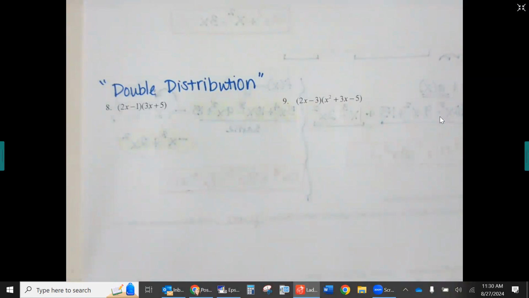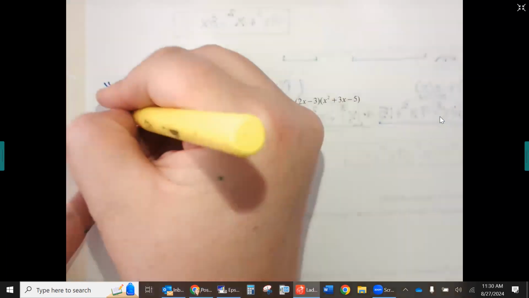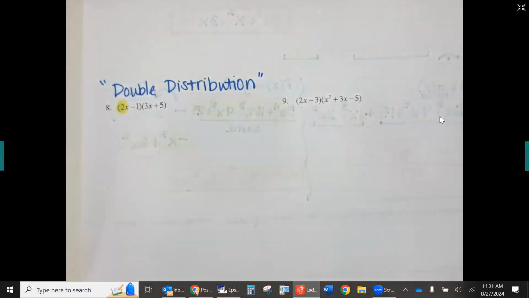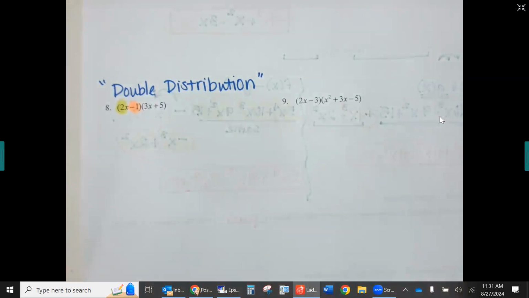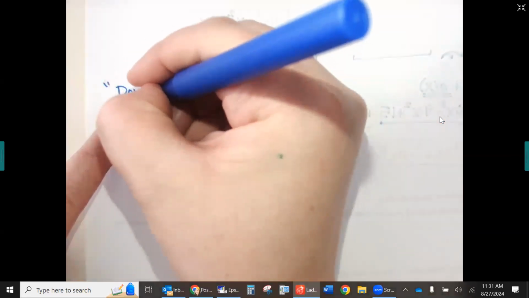So here's what you're gonna do. You're gonna pretend that it's just a 2x in the front, and you're gonna times that in. Then you're gonna take the negative 1, and you're gonna times that in. A lot of times I'll say we're taking turns, but it doesn't matter how you wanna think about it. So what is 2x times 3x?